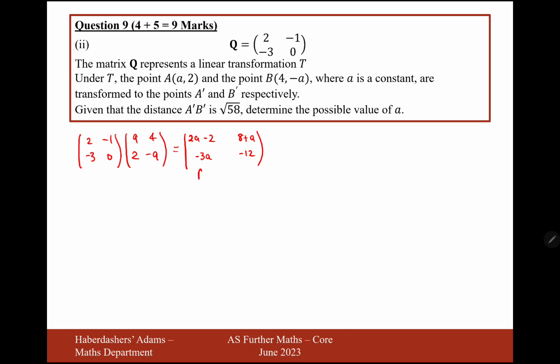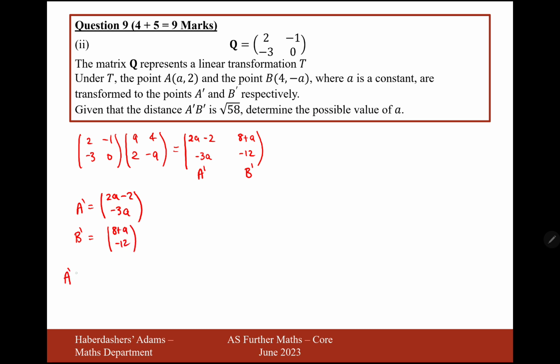Okay, so our coordinates A dash is here and B dash is here. Now, let's treat these as if they were vectors. So it's (2a minus 2, minus 3a) and B dash, which is (8 plus a, minus 12).